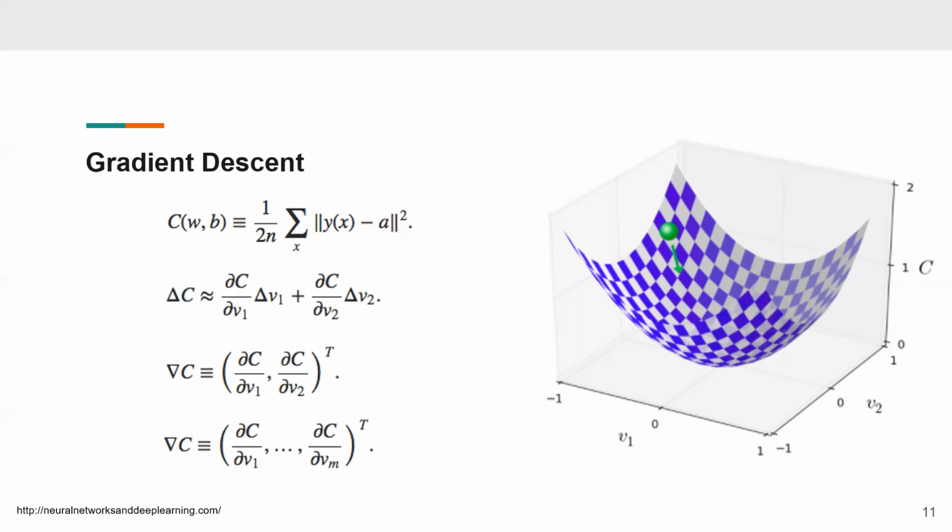You would be moving in the direction of the partial derivative in terms of V1 and the partial derivative in terms of V2, with 2 different step sizes, delta V1 and delta V2, giving your delta C of the cost function. And the gradient of C can be calculated using the derivatives of the cost function with respect to each weight. This can be expanded to multiple weights as well.